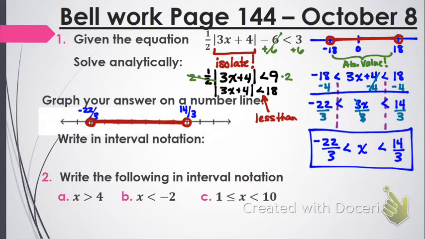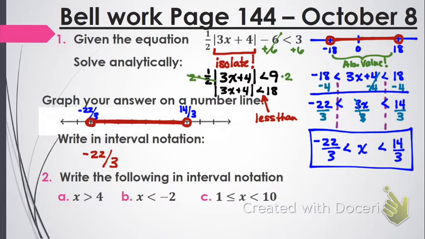I want to write this using interval notation, so I always write the smallest place where I have any shading first. Where do we start our shading at on the left? Negative 22 over 3. And because it has an open circle there, do I use a parenthesis or do I use one of those square brackets? Parenthesis.